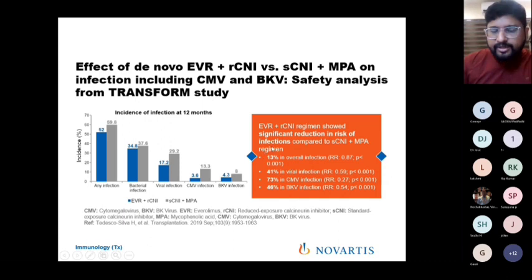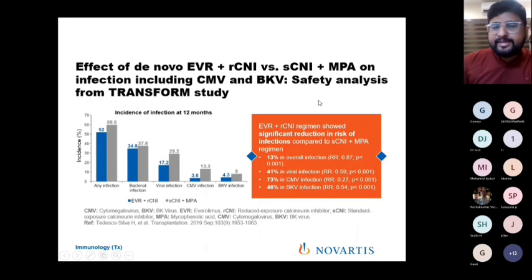There was a 13% reduction in overall infection, 41% in viral infections in totality, of which a 73% reduction, which is very huge, in CMV infection, and a 46% reduction in BKV infection. This study also showed that biopsy proven acute rejection between the two groups was almost equal, and the efficacy of the drug was fairly the same.